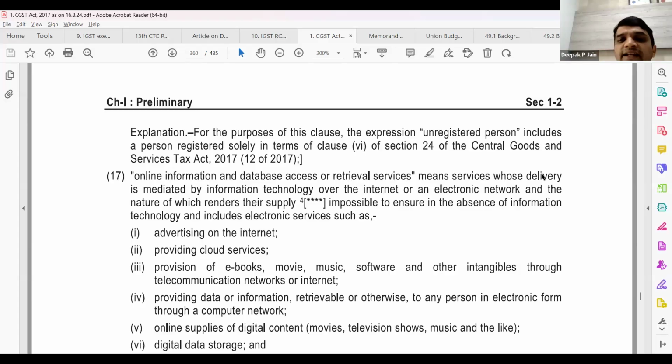So it starts with delivery: whose delivery is mediated by the information technology over the internet or an electronic network, and the nature of the service. So they have distinguished two parts, one is delivery and the other is the nature. The second part says that the nature of which renders their supply impossible to ensure in the absence of information technology.